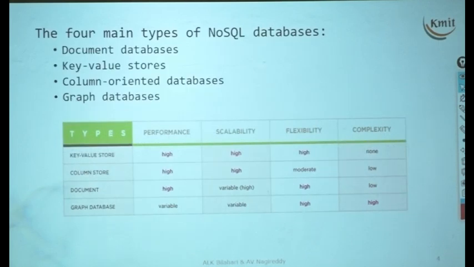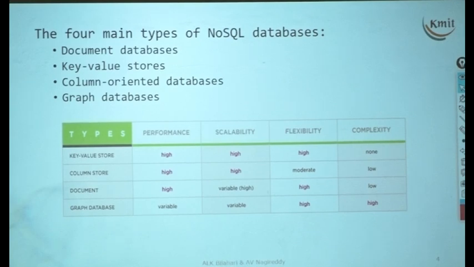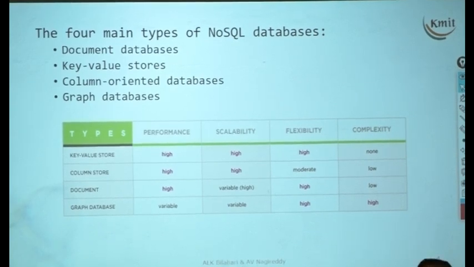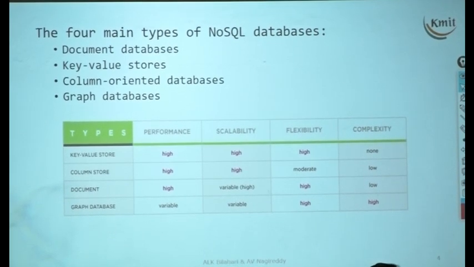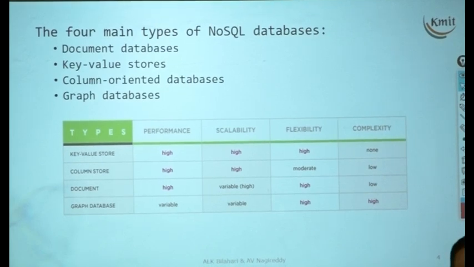These are the 4 important NoSQL database types. Document database, for example Mongo, which we are talking about today. Second one, key-value stores. Can someone help me by giving an example for this type? Example for a document-based NoSQL database: Mongo.